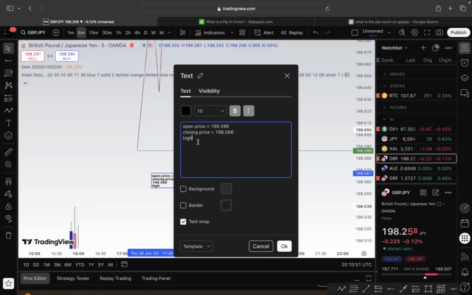So we are looking at the attributes of one particular candlestick: the open price, the closing price, and the high, which is the highest price reached in that particular time frame.